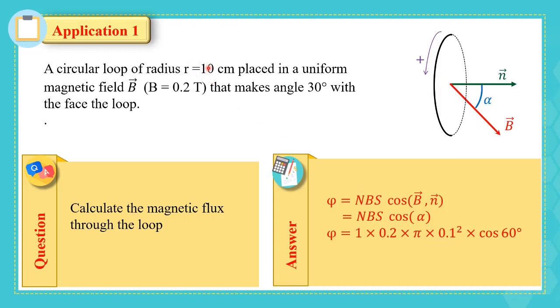Of course, the radius is 10 centimeter. We multiply it by 10 power minus 2 in order to convert from centimeter to meter, and finally multiplying it by cosine 60, which is the angle between the normal and the magnetic field vector B. The answer will be pi times 10 to the power minus 3 Weber.